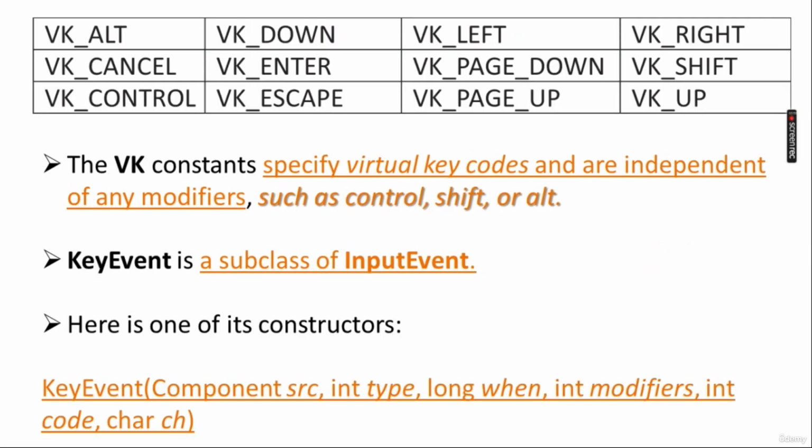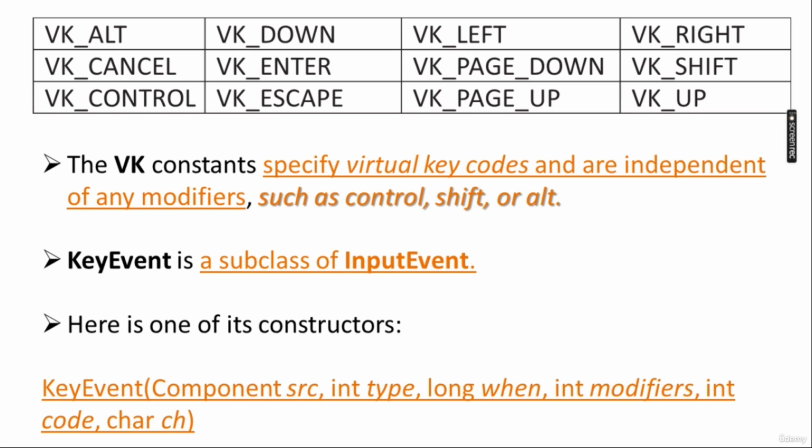VK_ALT, VK_CANCEL, VK_CONTROL, VK_DOWN, VK_ENTER, VK_ESCAPE, VK_LEFT, VK_PAGE_DOWN, VK_PAGE_UP, VK_RIGHT, VK_SHIFT, and VK_UP. All these keys are present on the keyboard of our laptop or desktop, but these particular keys do not generate any type of character.